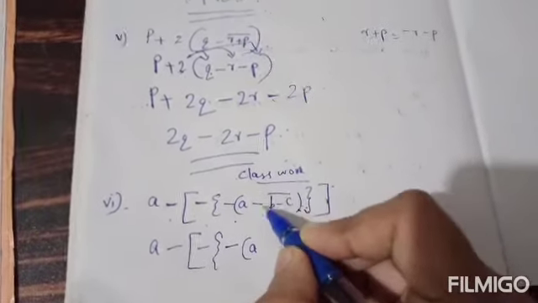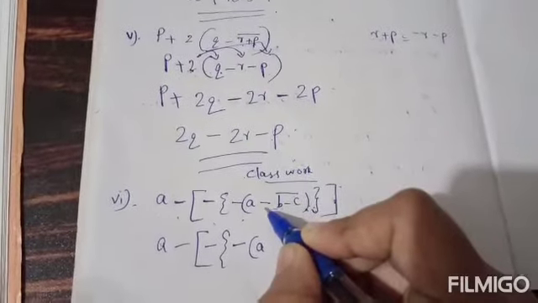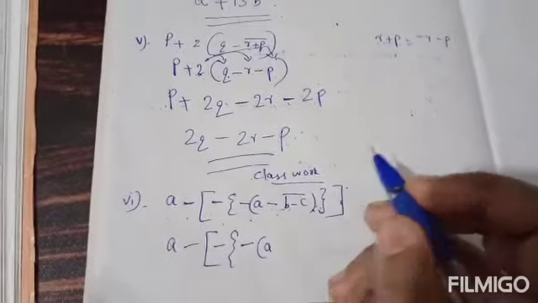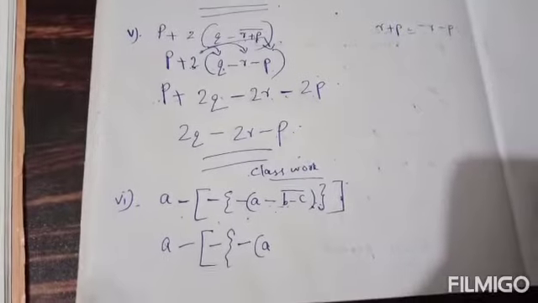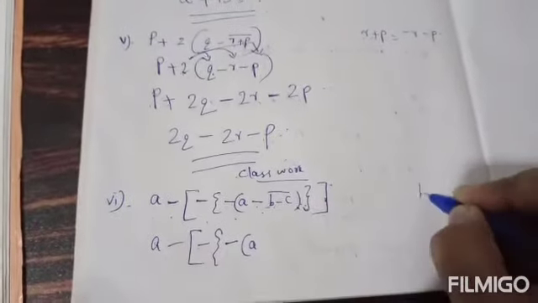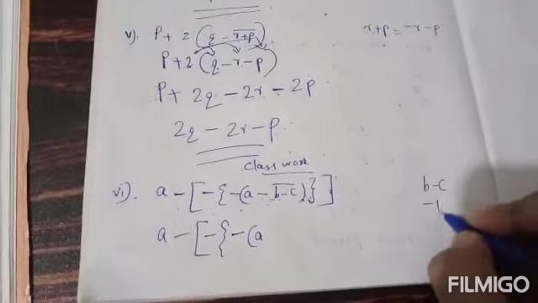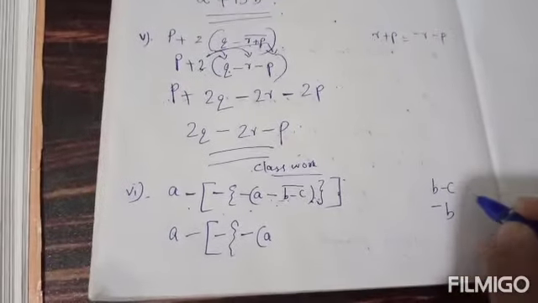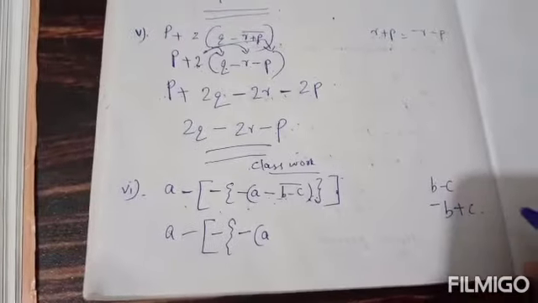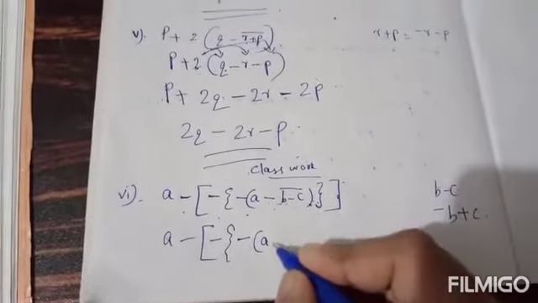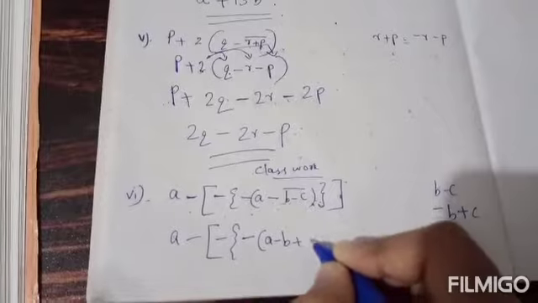Okay, so if there is a minus sign before a bracket, you need to change the sign of terms. So b minus c will become, b means plus b, so that will change to minus b. Minus c will change to plus c. Okay, so here you can write minus b plus c.